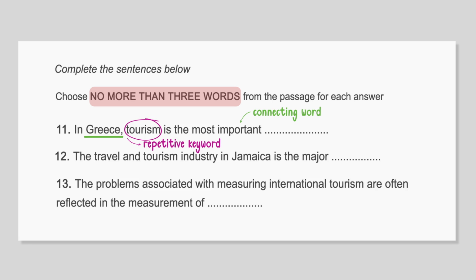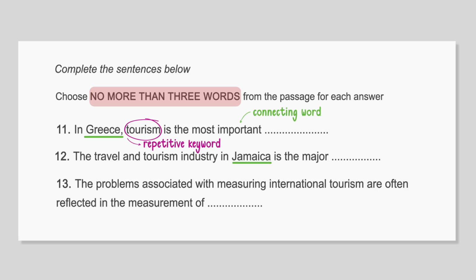You definitely know that instead of most important, there is another word in the text, a synonym, maybe most significant or major, right? Now, our next question, number 12, the travel and tourism industry in Jamaica is the major. Now, again, here, Jamaica, which is the name of the country, is our easiest keyword.